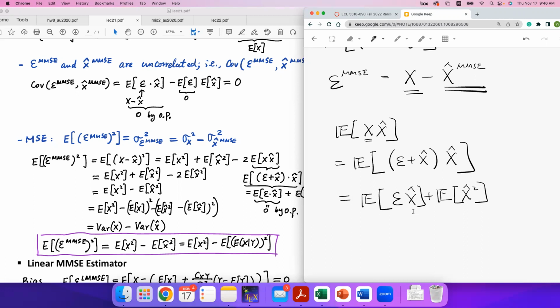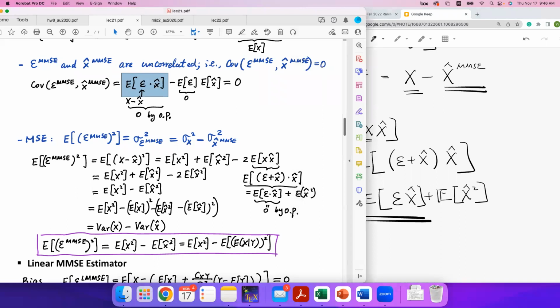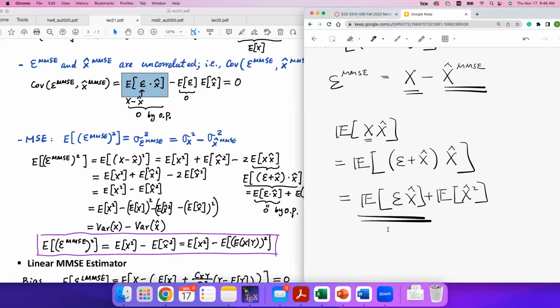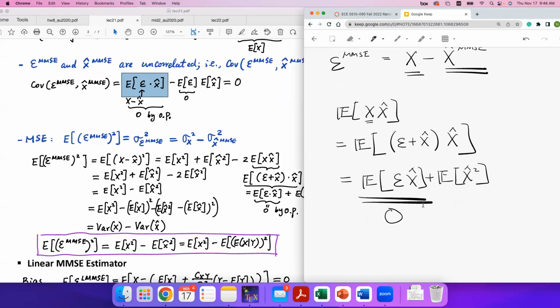Into these two terms. And for the first term, by the orthogonality principle, epsilon and x hat are uncorrelated. So this is 0. This can help me simplify and remove this error term implicitly from this product. What is left is only the second moment of x hat.